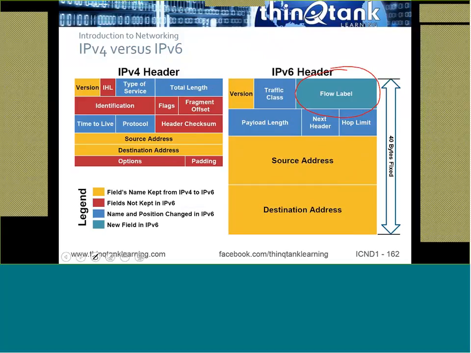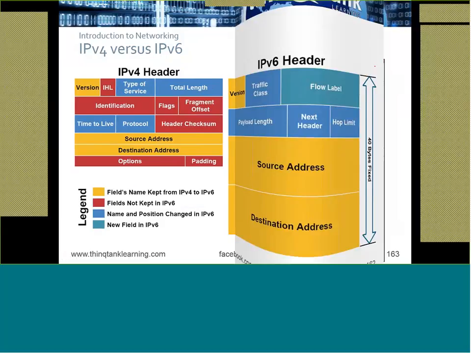In other words, we can associate packet 1 to packet 2 to packet 3, which normally we wouldn't be able to do. Every packet is treated independently in IPv4. So this provides additional control mechanisms and additional ways for us to control those datagrams as they go through our network. All right?